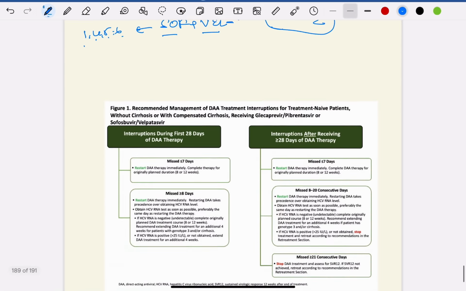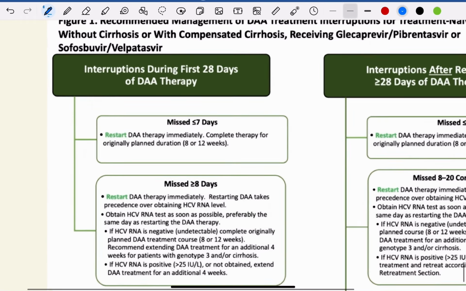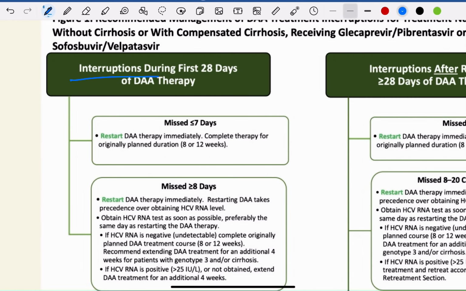Consider patients who have stopped tablets or had an interruption during the first 28 days. Say you started on day 1, but within a week or within 4 weeks they stopped the drugs. What if they have missed tablets for less than 7 days, like 4 days or 5 days, and they come to you?